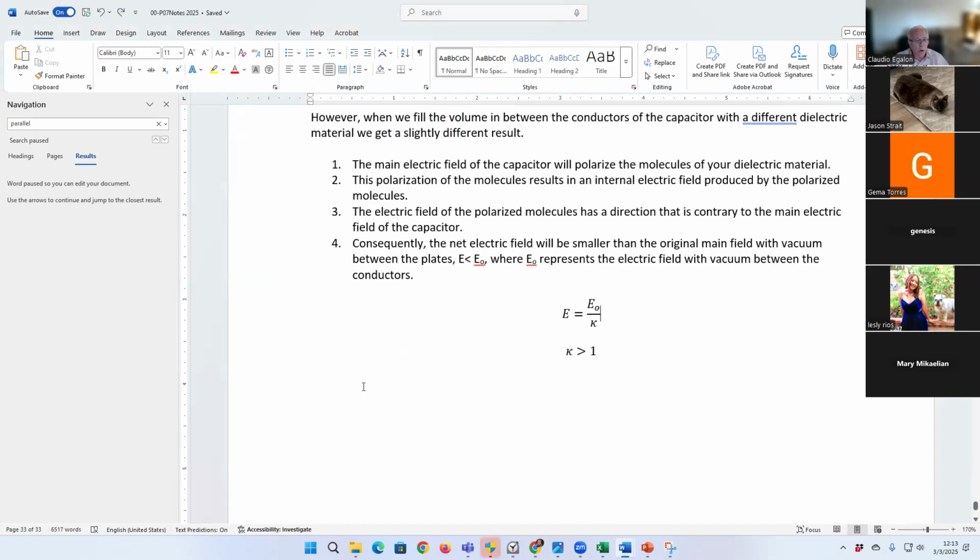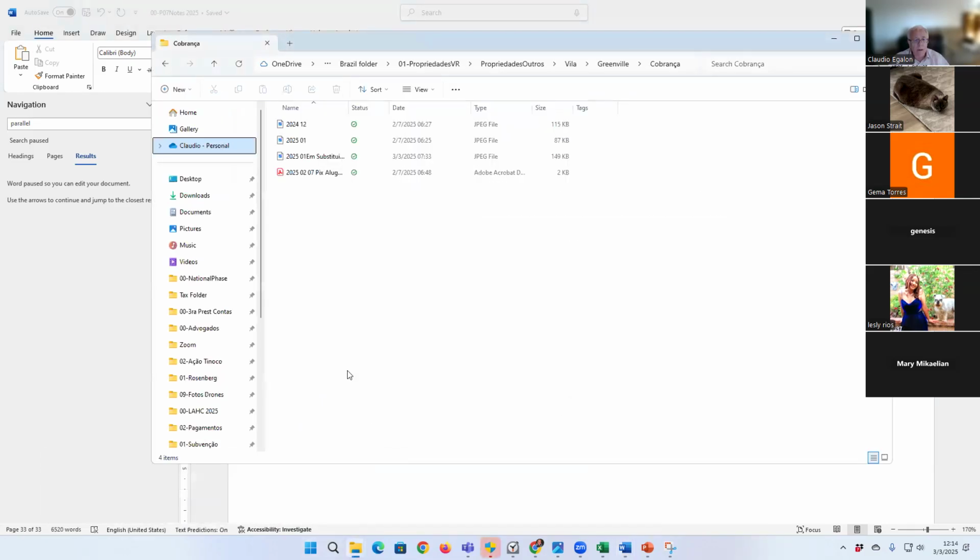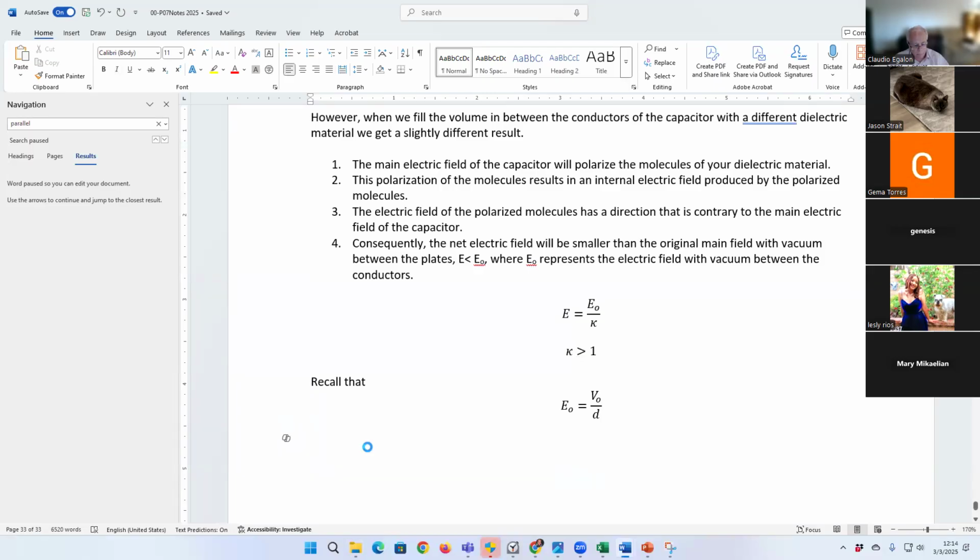Okay, recall that E naught is equal to V naught divided by D, right? Recall that. If you have that for E naught, for E we are also going to have something similar. E is going to be V over D, okay?